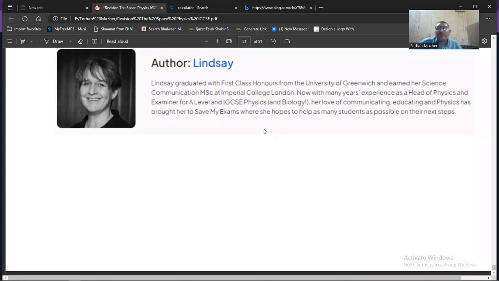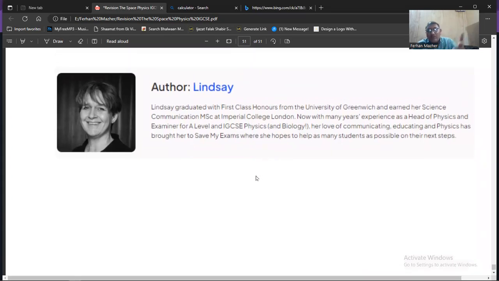The literature which we have used for this topic is written by Miss Lindsay, and I have taken this literature from the website Save My Exams. So this is all about space physics in IGCSE physics, because this is the new topic which is added into Cambridge O Level physics.